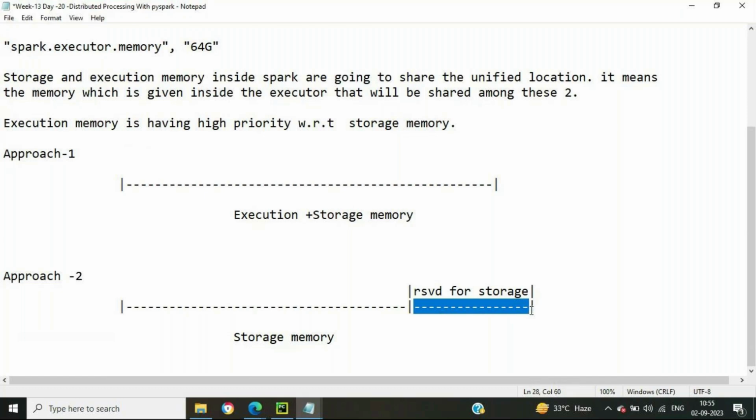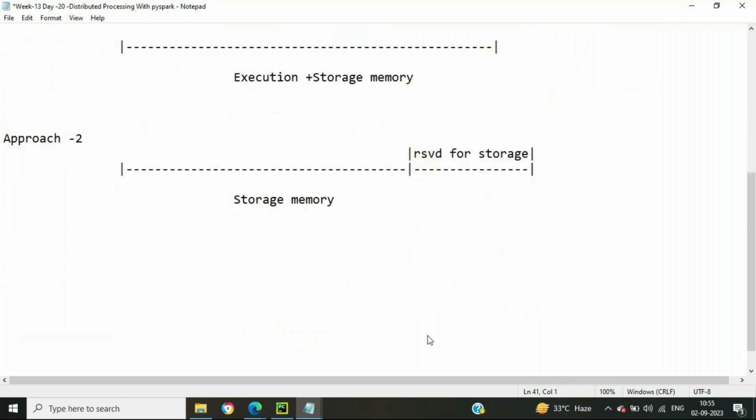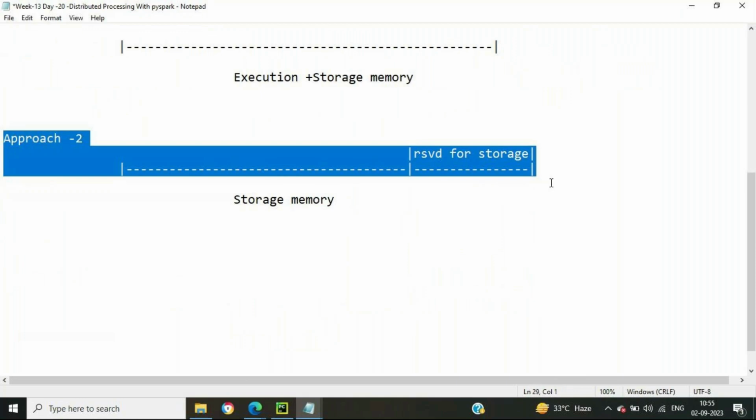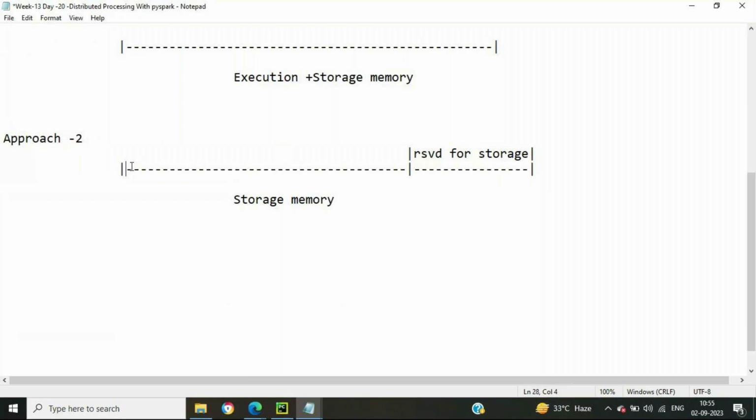If this particular portion is full, and still I want to cache, still I want to persist certain data, then where am I going to persist that data or intermediate result, if this particular portion is full?